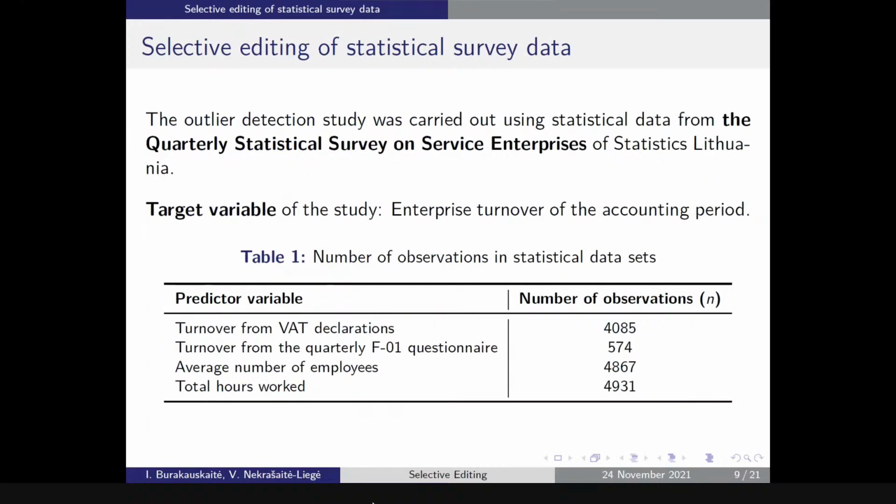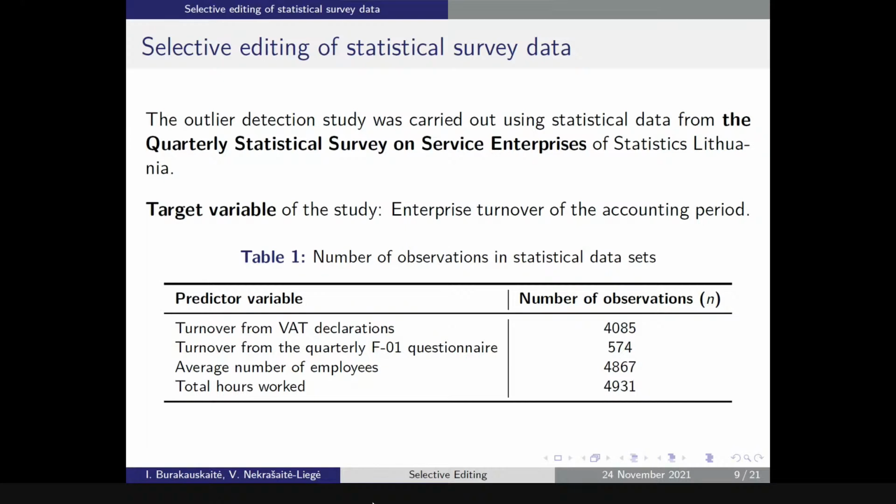Now speaking about the study that was carried out, it was carried out using statistical data from the quarterly statistical survey on service enterprises of Statistics Lithuania. And the target variable of the study was enterprise turnover of the accounting period. 4 different predictor variables were used, and therefore 4 different statistical data sets were obtained that were full.